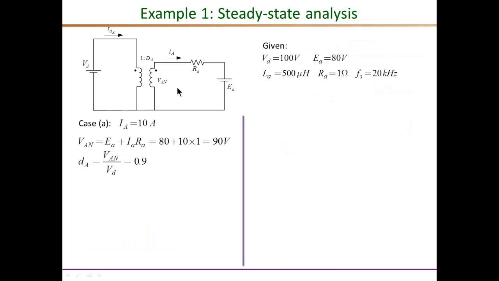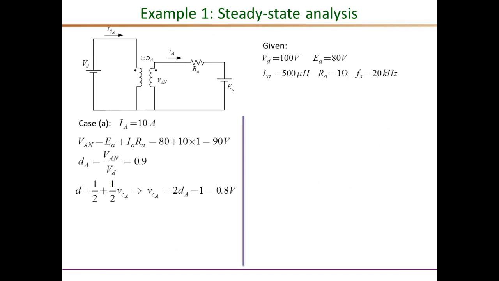In steady state, VAN, which is D times Vd, is EA plus IA times RA, just by KVL around this loop. Substituting the numbers, the current is 10, the resistance is 1 ohm, and this is 80 volts, so you get a VAN requirement of 90 volts. To get 90 volts VAN by transformer principle, given that this is 100 volts, the turns ratio D is simply 90 over 100, or 0.9.